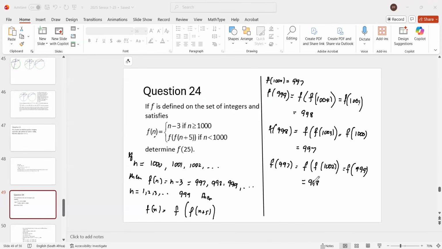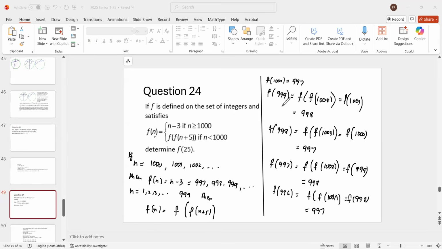We just calculated it. And like that, f of 996 will be f of 1001, because you keep adding 5. And that is f of, this is 998. And we calculated f of 998 also, there's 997.